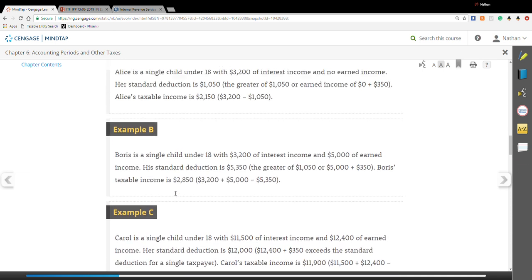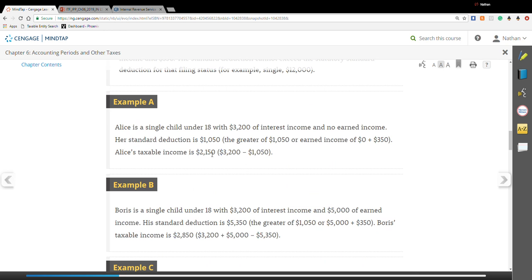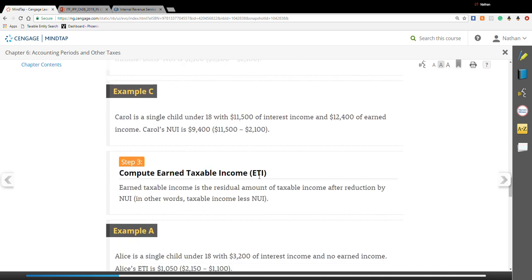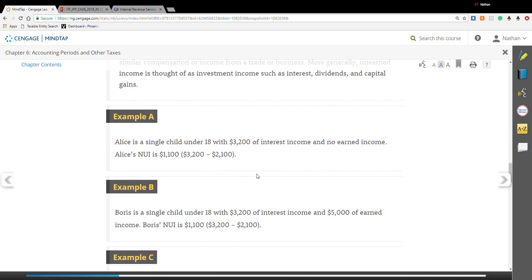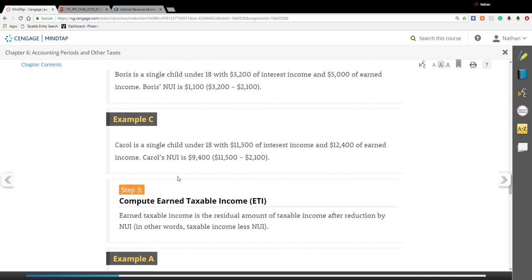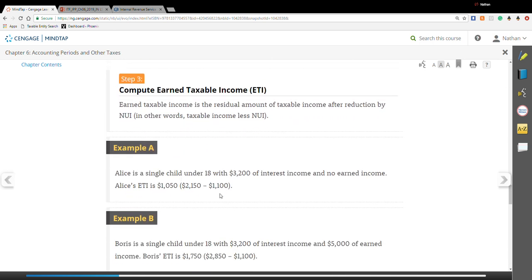So how do we get those numbers? Well, here's our first one, taxable income, where we had to take out the standard deduction. Then we subtract out step 2 right here, the 1,100. So those two subtracted from each other give us our earned taxable income, which happens to be 1,050, which is cool.